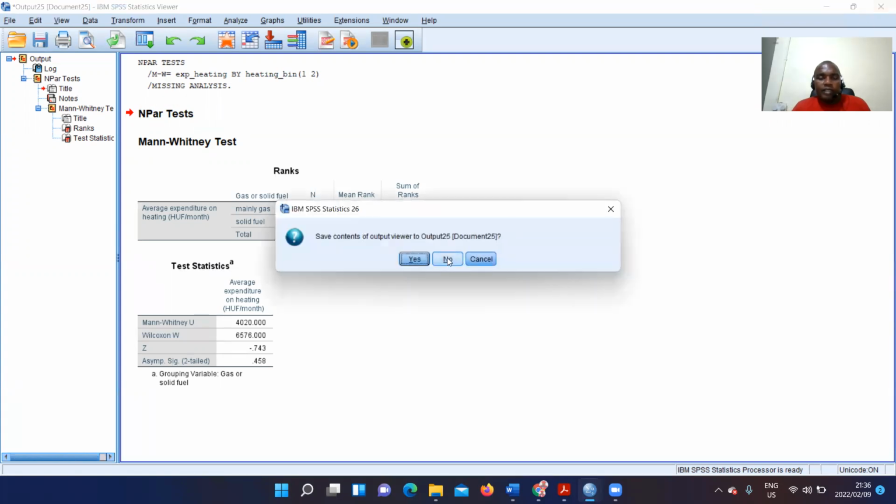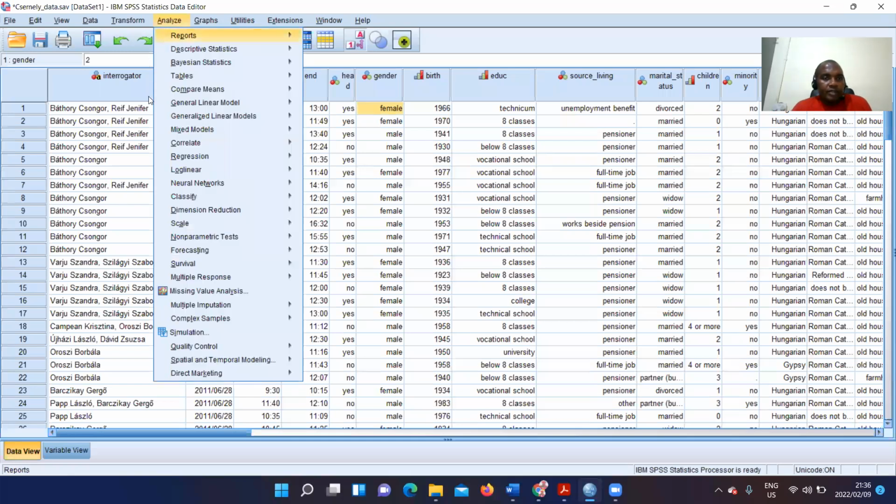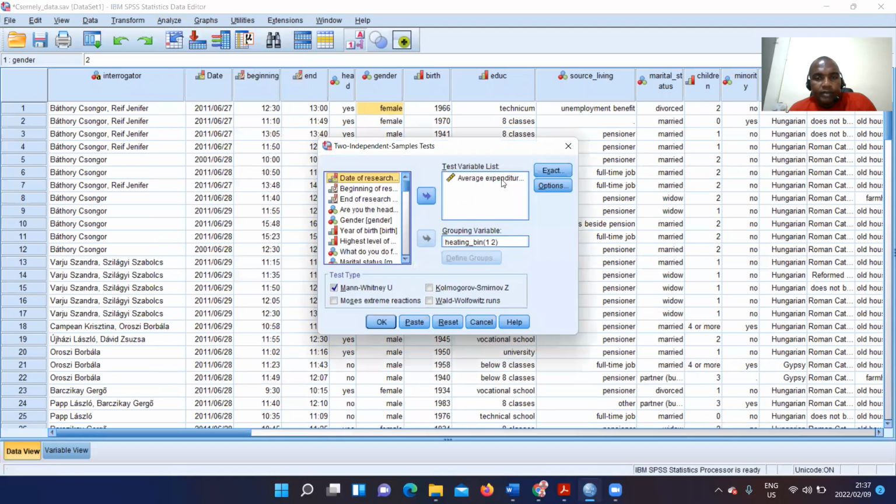We can have another test variable. Instead of average expenditure on heating, we might have average income, in Hungarian forint per month.